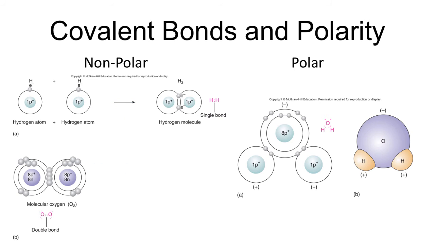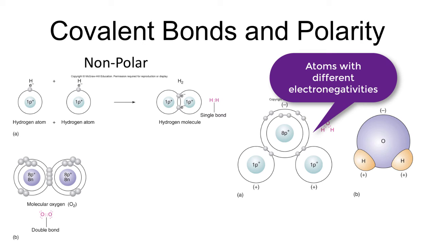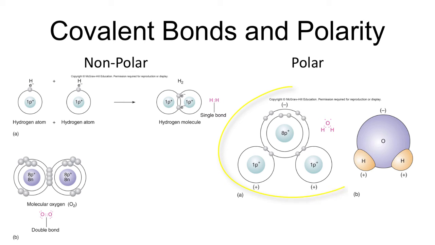In a polar covalent bond, however, you have different atoms that are sharing electrons. In this case, we're looking at a water molecule. So you have an oxygen and 2 hydrogens. They're sharing electrons. The electrons want to be near the oxygen, and so they end up hanging around on the oxygen side of the molecule more so than they end up on the hydrogen side of the molecule.